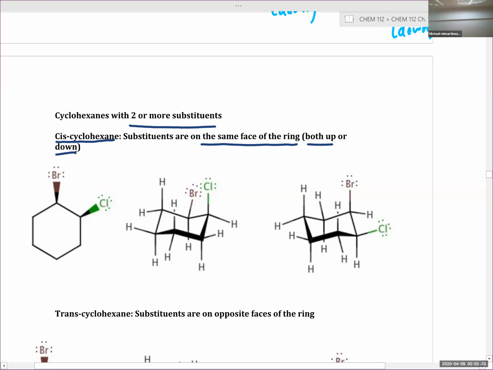Now, let's take a look at analyzing the following structure, and to help everyone along in this process, we're going to use a model kit.